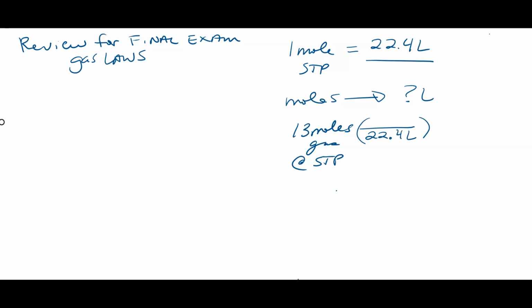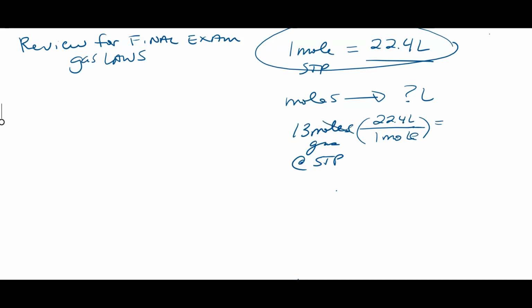So if I have 13 moles in the problem, I know that little shorthand is okay to use, and I'm trying to get rid of moles, so 1 mole goes on the bottom. And I use 22.4 liters on top.